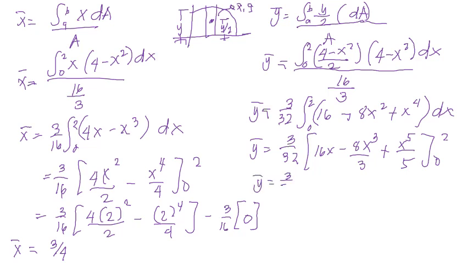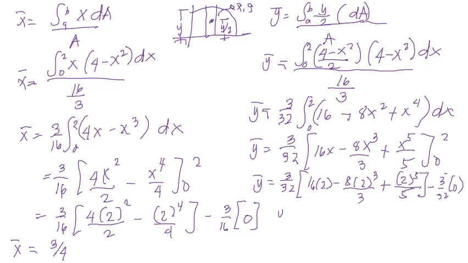We have 3 all over 32 times the quantity of 16 times 2 minus 8 times 2 raised to 3 all over 3 plus 2 raised to the fifth all over 5, quantity minus 3 all over 32 times 0. So y bar is equal to, just input this in your calculator, it is equal to 8 all over 5.